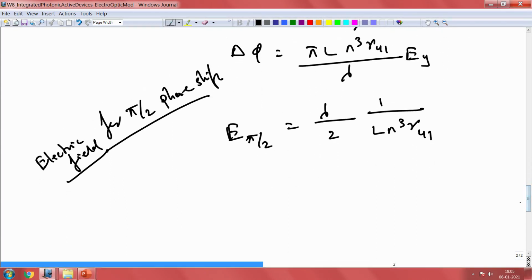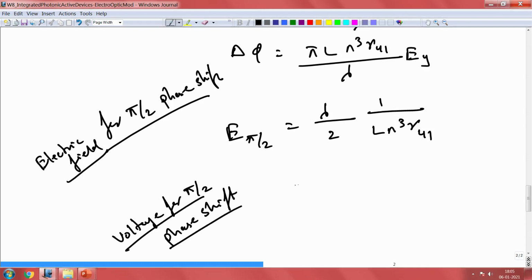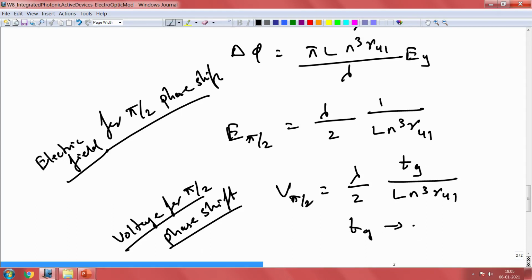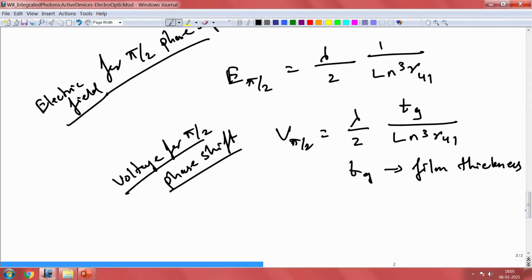So what is the voltage required? That is V pi by 2, which is given by again lambda over 2. The only difference is there will be a thickness factor T divided by L n cube r 41, where T is nothing but the film thickness. So this thickness will help you to do this.